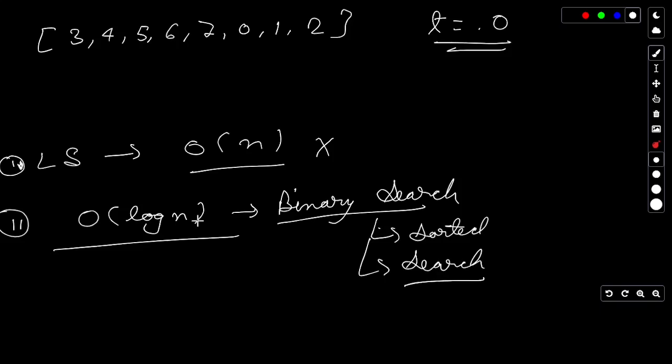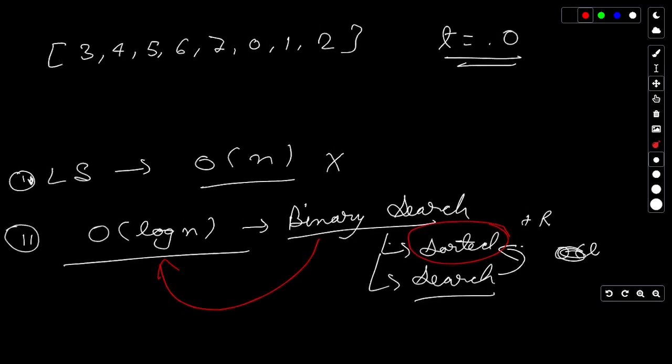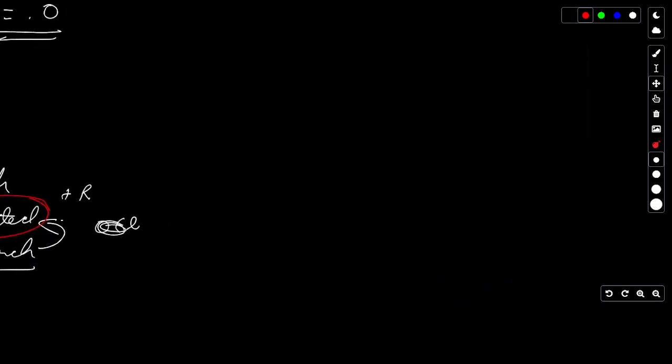An algorithm which searches in a sorted array within this time complexity is binary search, right? It is also rotated, but still. In short, I'll tell you how binary search is used to search within the array.